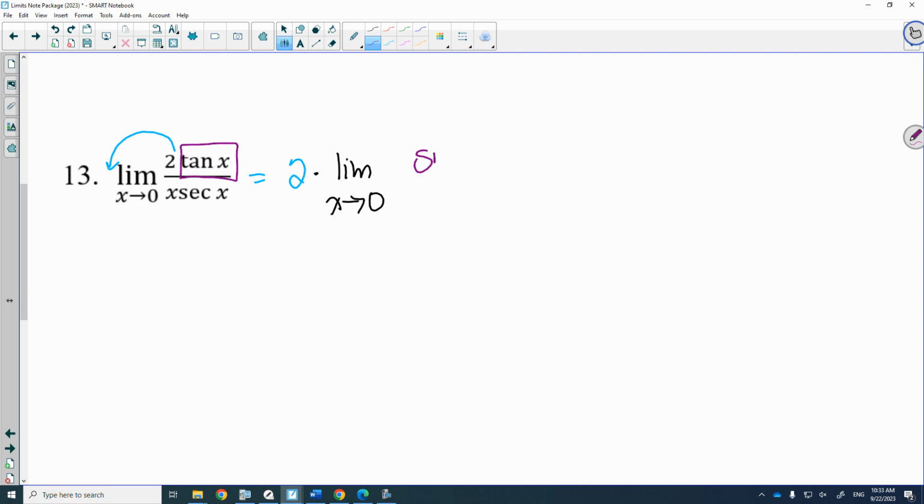Tan is sine of x over cos of x over, I have an x, and then secant, you guys, is 1 over cos of x. So what I really have in the denominator is x over cos of x. Maybe I'll switch that.